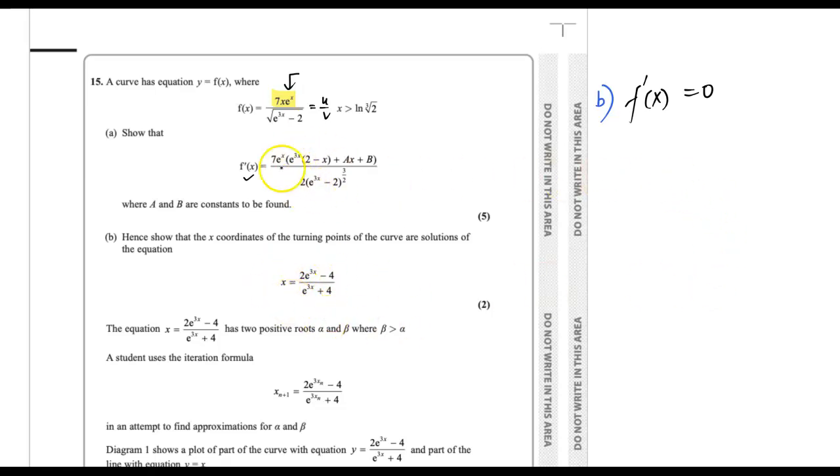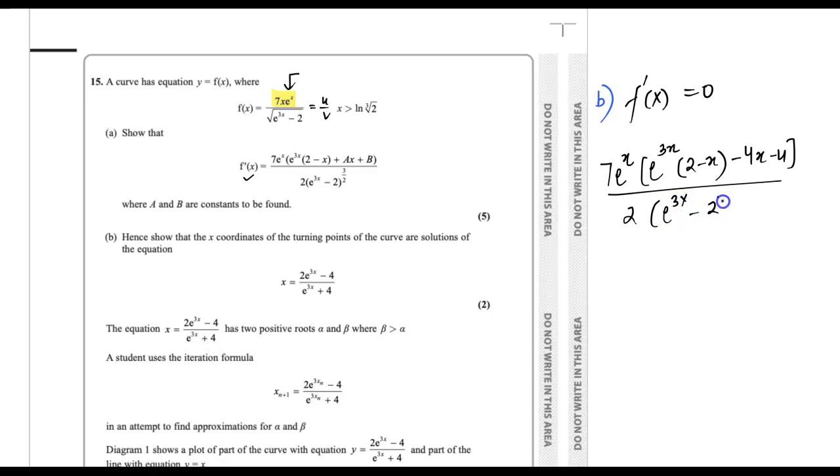Okay, so if we make f dash x to be 0, we're going to be getting 7 e to the power x e to the power 3x 2 minus x. Our equation was minus 4x minus 4 over 2 e to the power 3x minus 2, 3/2 equals 0.